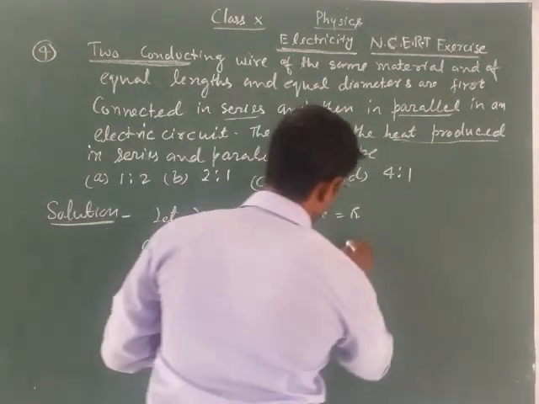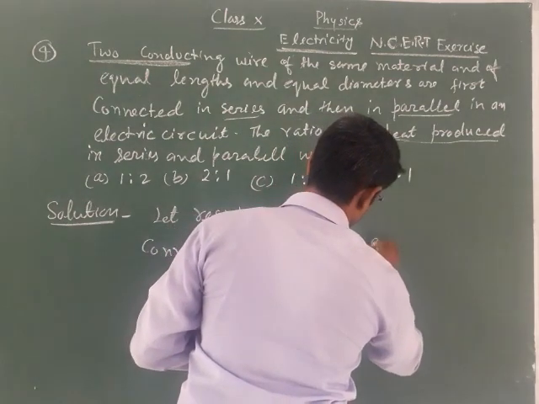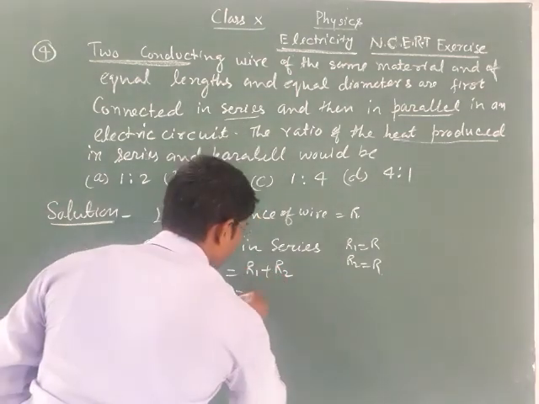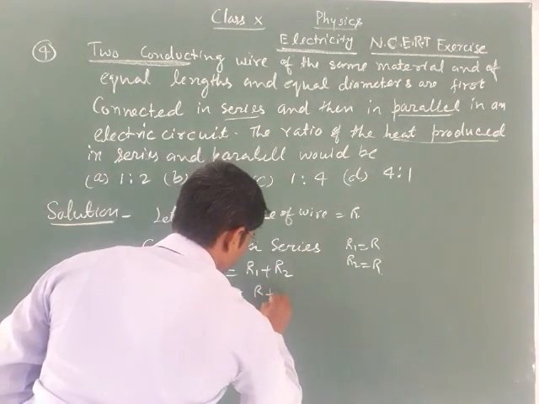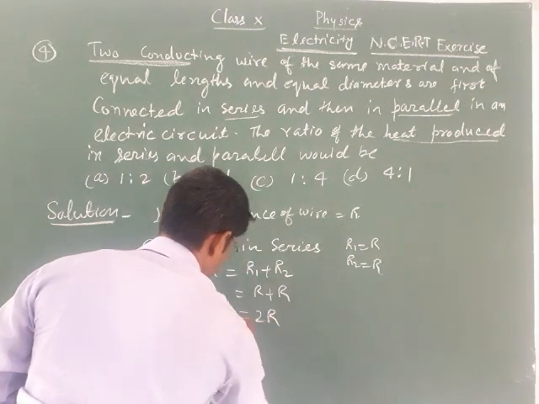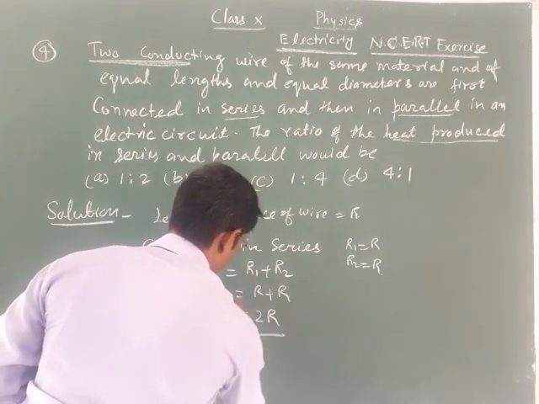Now take R1 is equal to R and R2 is equal to R. So R plus R, this is 2R, R dash is equal to 2R.